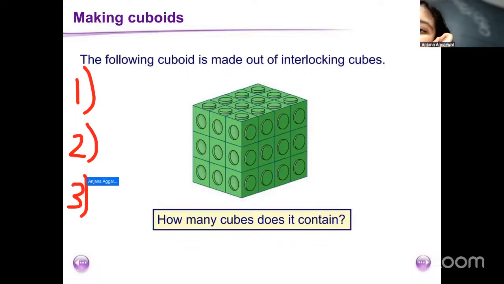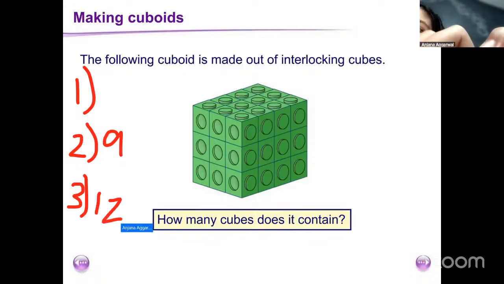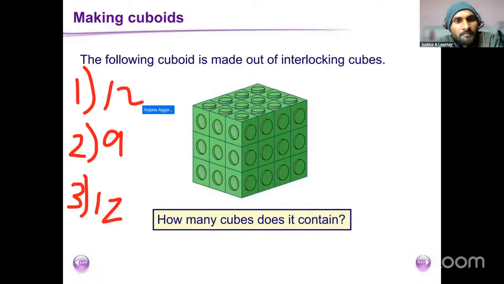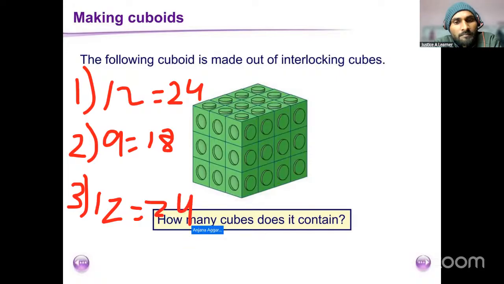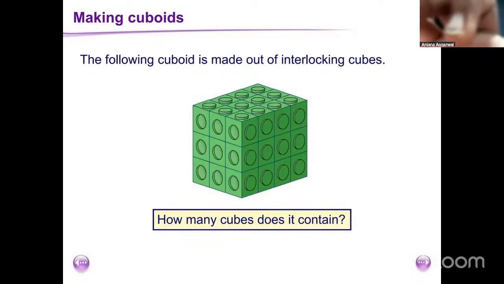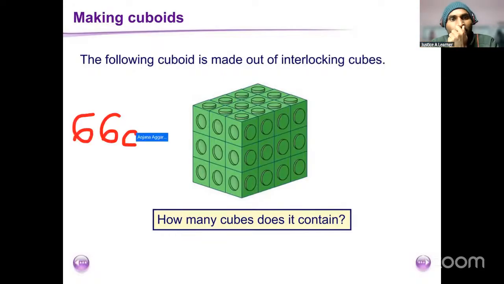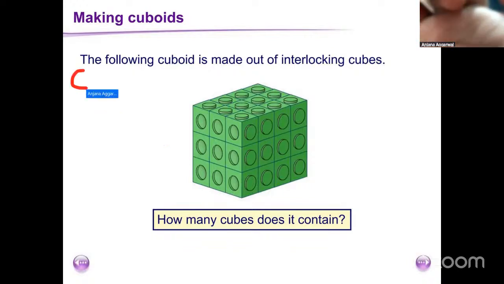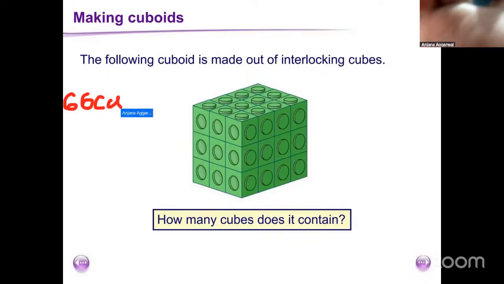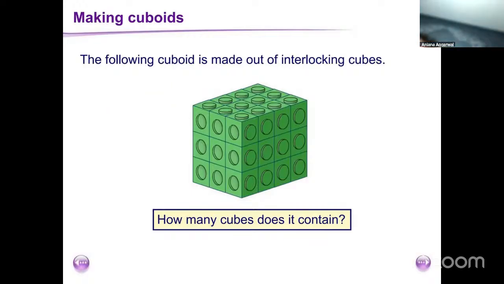We've got 9, 12, and we've got 12 again. Let us now understand the volume.